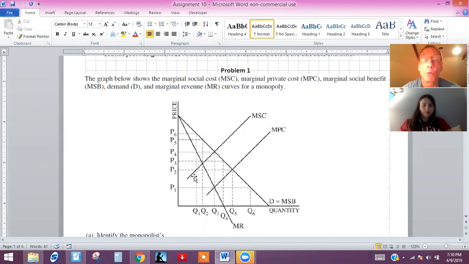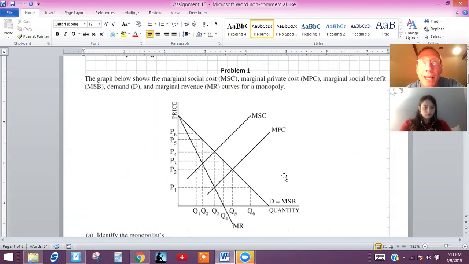And then we've got what we're calling marginal social cost. And in this case, we're looking at a monopoly because we've got a marginal revenue curve that's a steeper slope than the demand curve. And once again, as a reminder, private demand is always marginal.